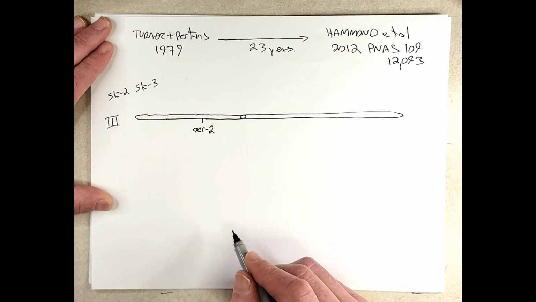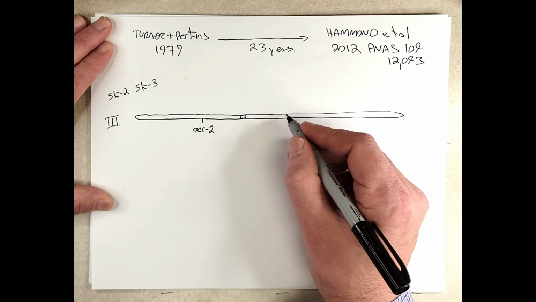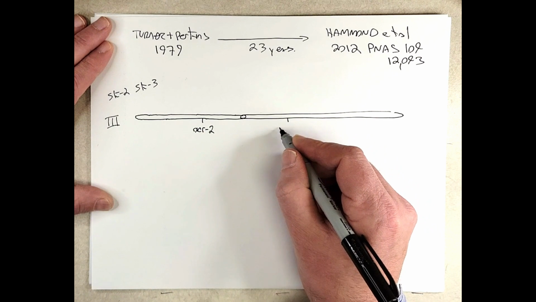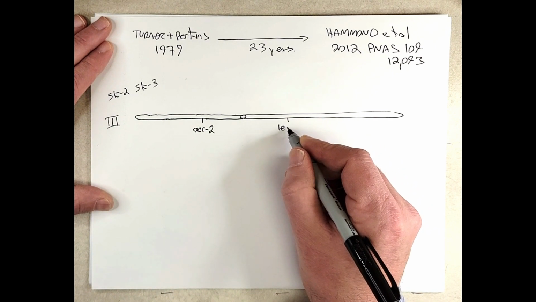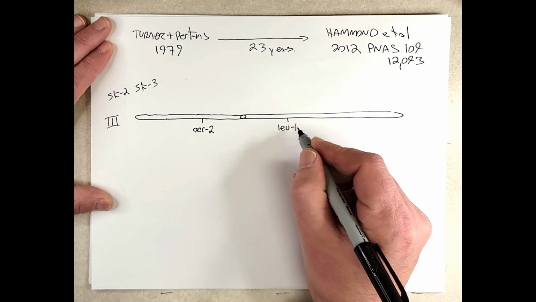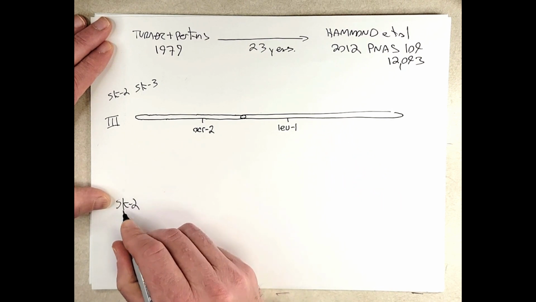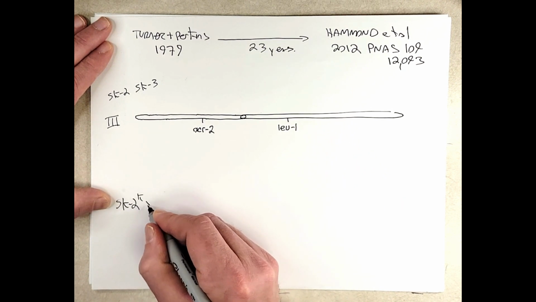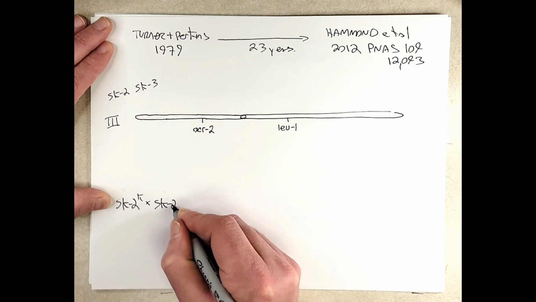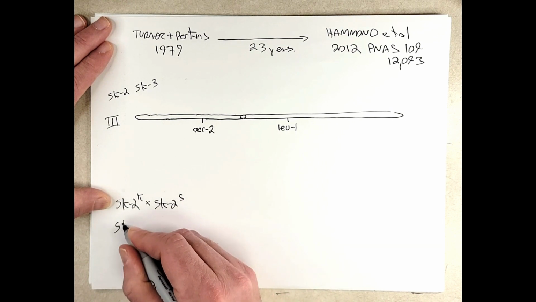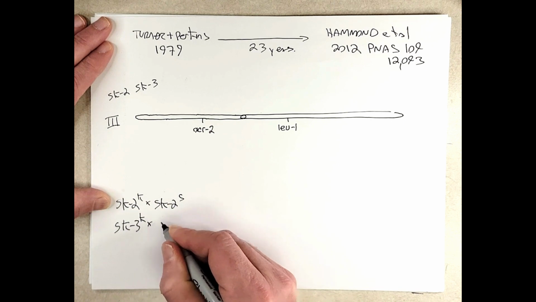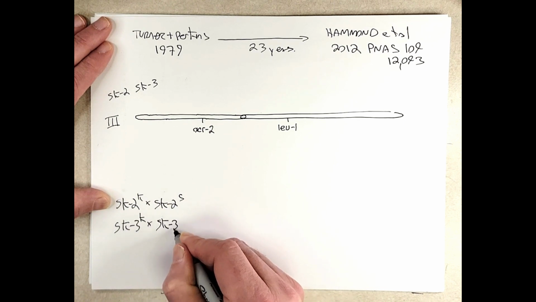Some researchers call it a block, some call it a region of suppressed recombination. They found this blocked region on chromosome 3 when a cross was performed between an SK2K strain and an SK2S strain, or an SK3K and an SK3S strain.